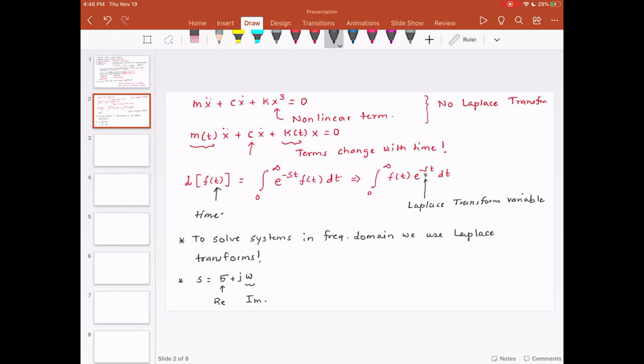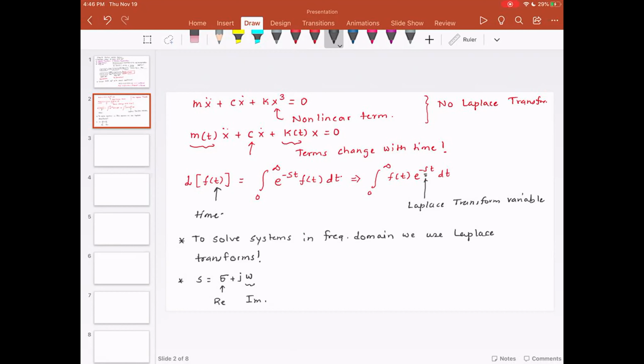So Laplace transform technique is super duper important, and when we are going to study systems in frequency domain, Laplace transform will be used everywhere.